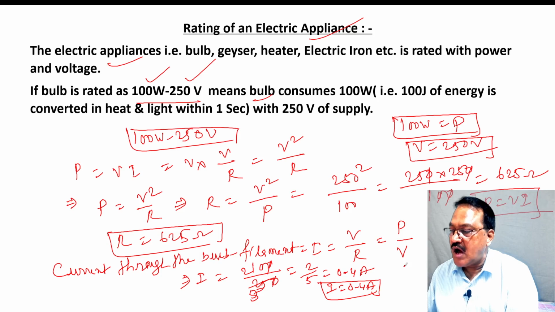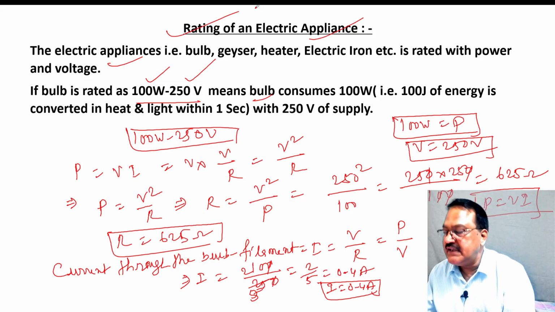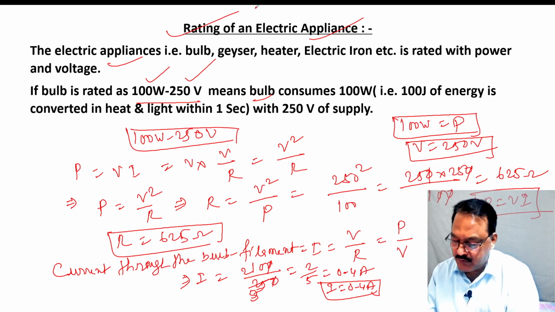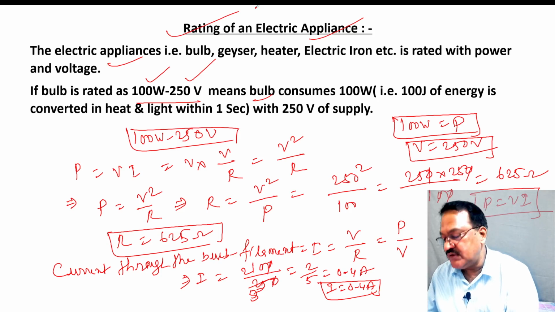So how do we come to know? We have gone through the rating of electric appliances. We picked up the bulb, and on the basis of what is written on the bulb, we have concluded that a maximum of 0.4 ampere of current can flow through this bulb.